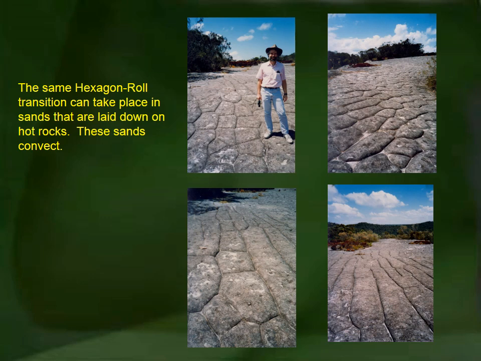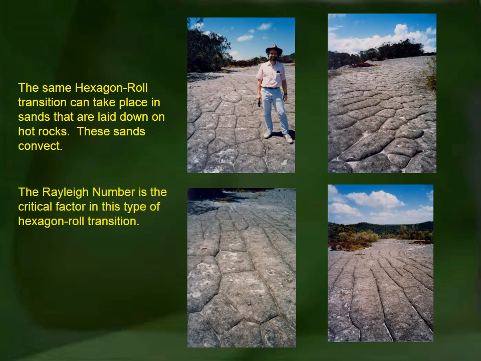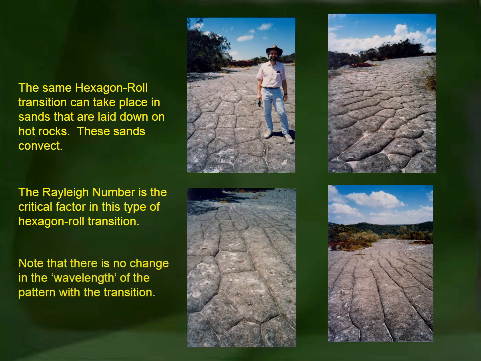The sands convect. The Rayleigh number is the critical factor in this type of hexagon roll transition. Note that there is no change in the wavelength, that is, the scale of the pattern with this transition.